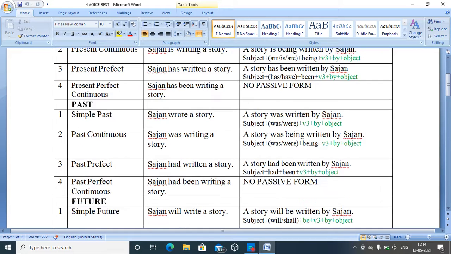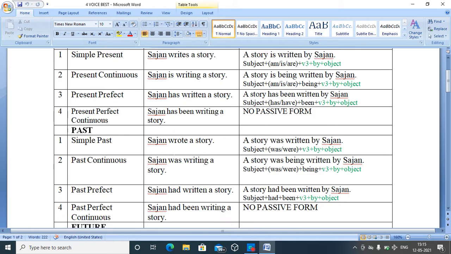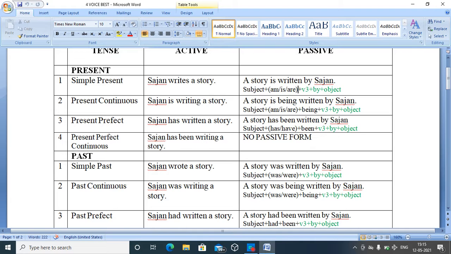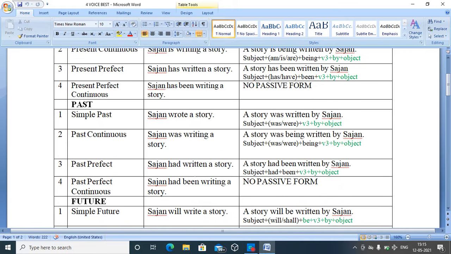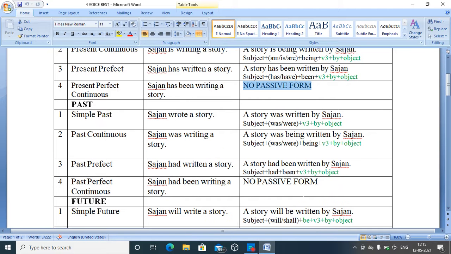Anyway, we have only 8 constructions to be aware of, because I already told you all the tense forms do not have a passive form. In the case of present tense, only the first 3. In the case of past tense also, only the first 3 tense forms have a passive form. The fourth one of each, both, do not have a passive form.